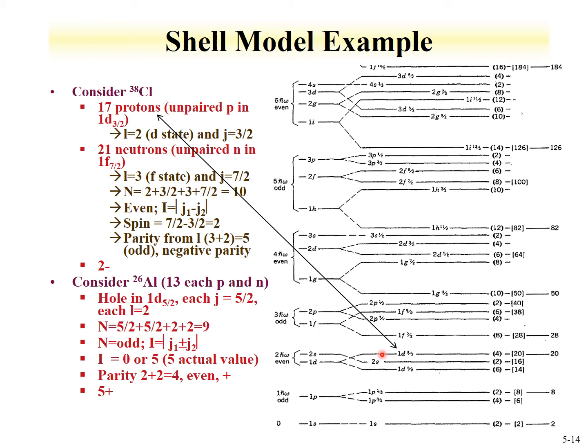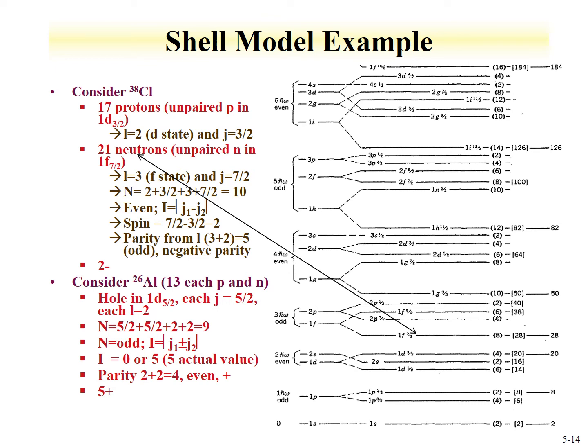So the L is D, with S being 0, P being 1, D being 2, and J, the spin, is 3/2. The 21st neutron, there's 20, 21, is in the 1f 7/2 state. So L is 3 for the F state, J is 7/2.